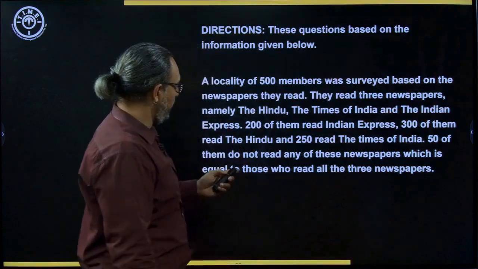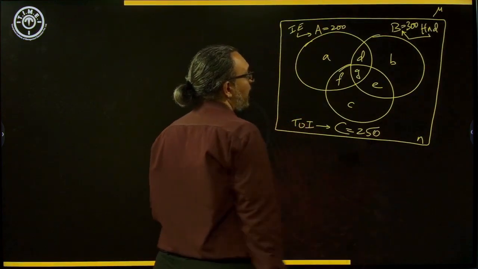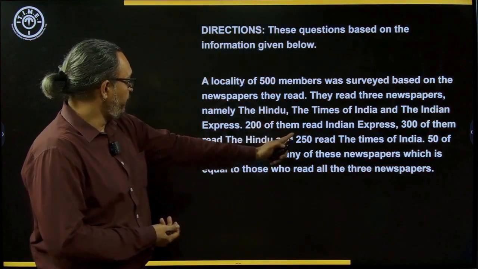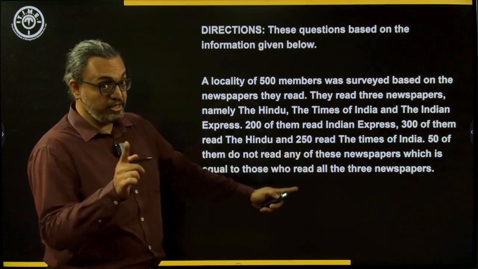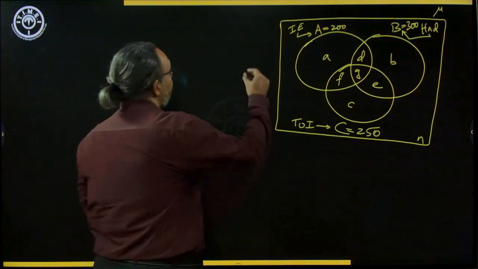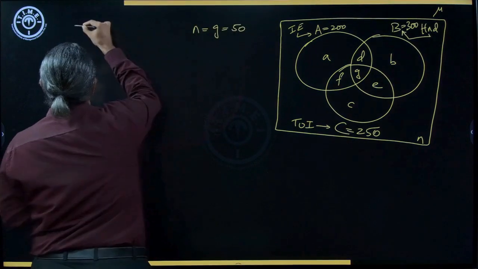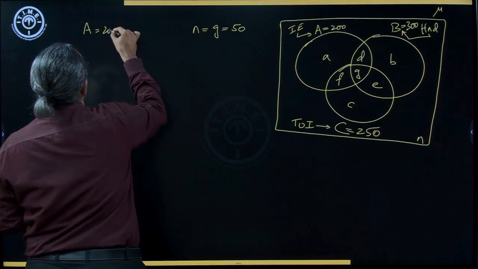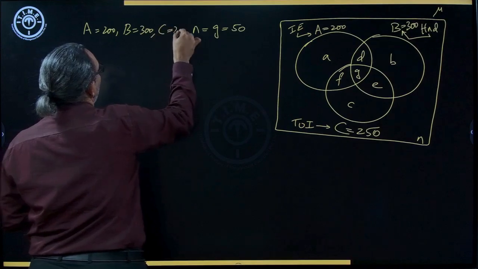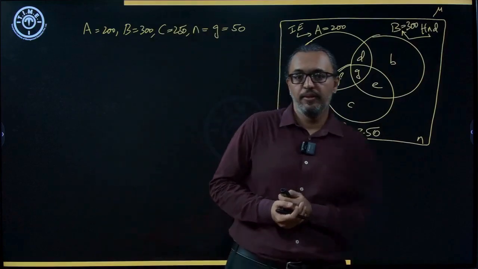So 250 read Times of India. So capital C. So capital A, B, C values are available to us. And then 50 do not read any of the newspapers, which is N, equal to those who read all the 3 newspapers, G. So we have N equals G, 50. So A value we have 200, B value we have 300 and C value we have 250. So these are the values available to us.